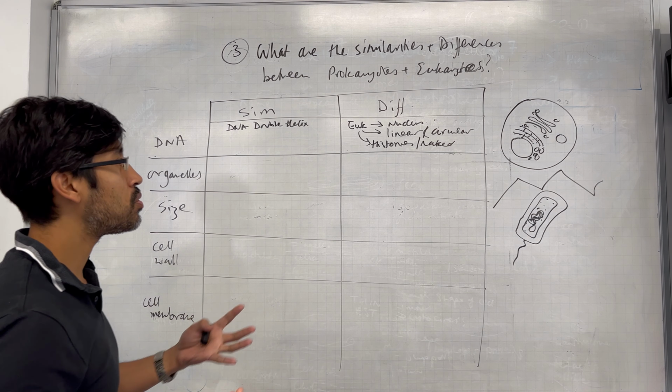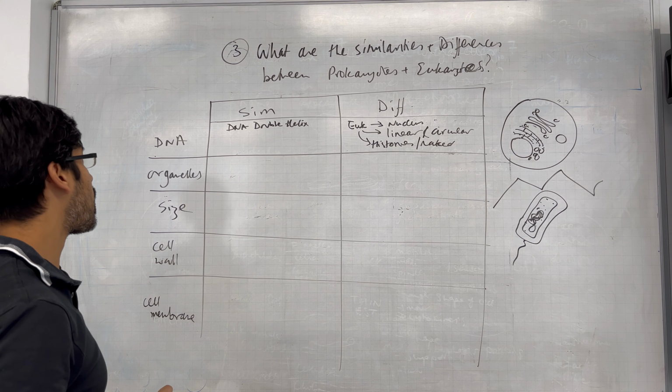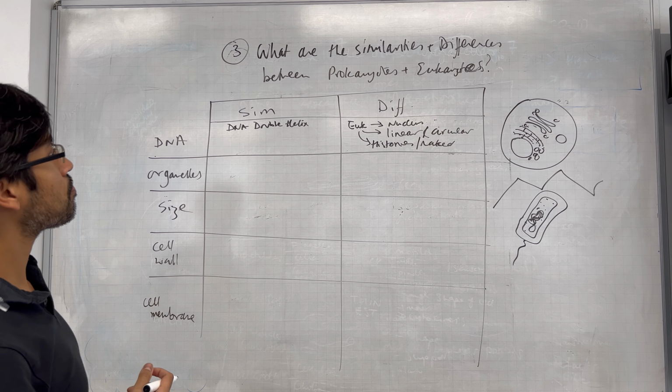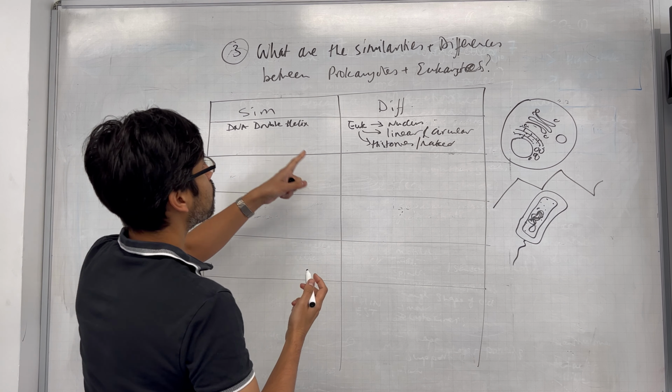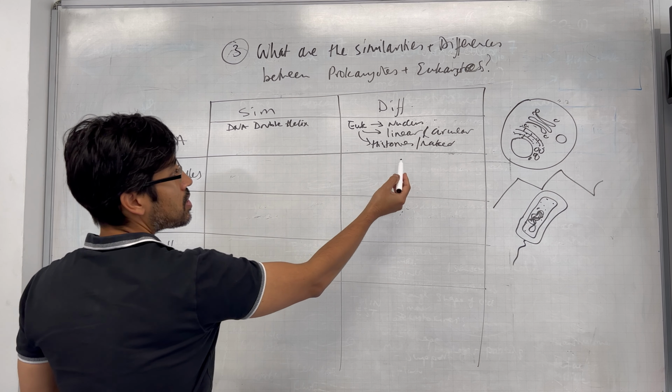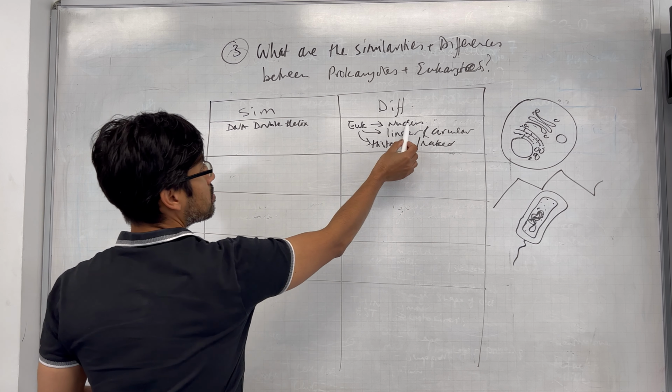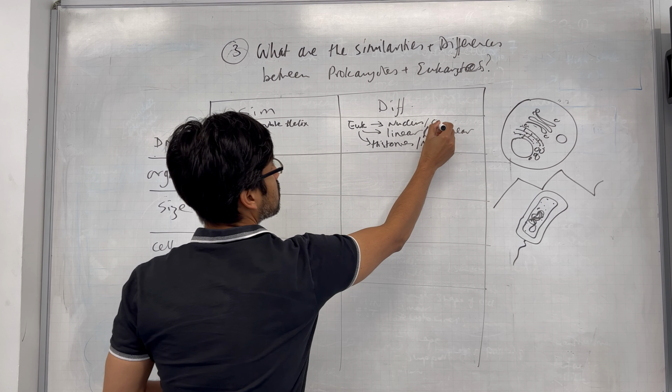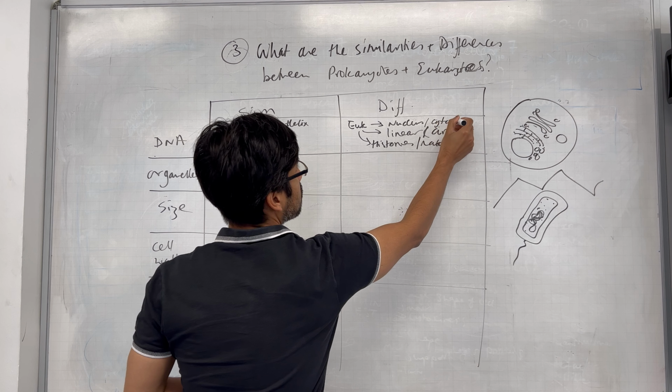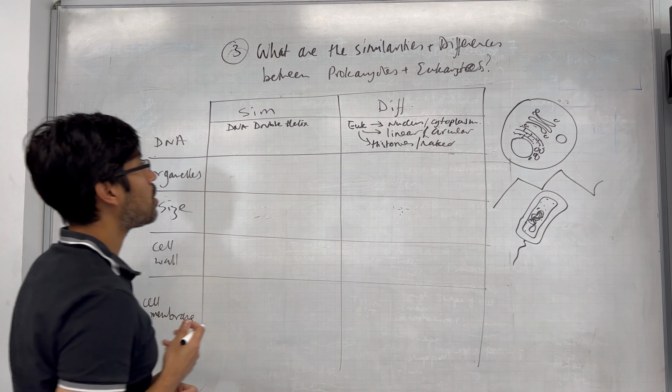It's not bound to proteins, or not as much associated with proteins. And the location in eukaryotes is a nucleus. In prokaryotes, the location of the DNA is the cytoplasm.